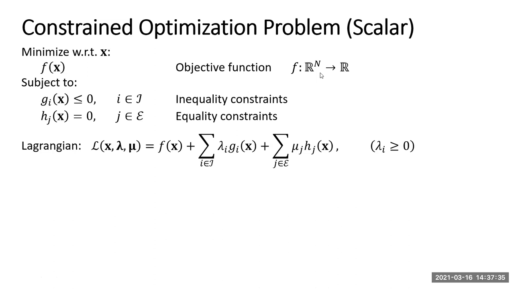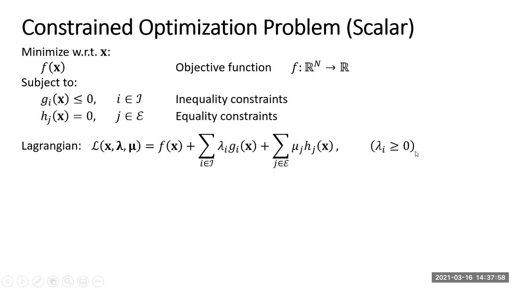Okay, that's when we follow this format. Now, if you were to rewrite the constrained optimization problem in another form, let's say you were to rewrite this as gi of x must be greater than or equal to 0, then either we put a negative sign here or we must have lambda i less than or equal to 0. It's your choice.